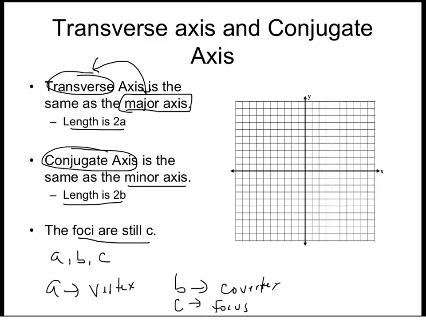And I got a graph here because I'm going to draw a picture, and I'm just going to plot some points here. So this one will be a horizontal, okay, because the axis is a horizontal direction.